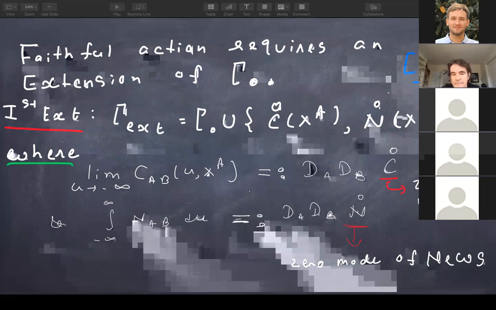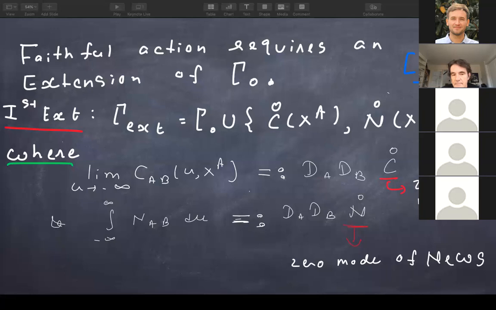This N is just the zero frequency component of the news. When we integrate NAB over the full scry, in Fourier space we get the zero frequency component of the news, and we are just parameterizing them in terms of one scalar function M0.